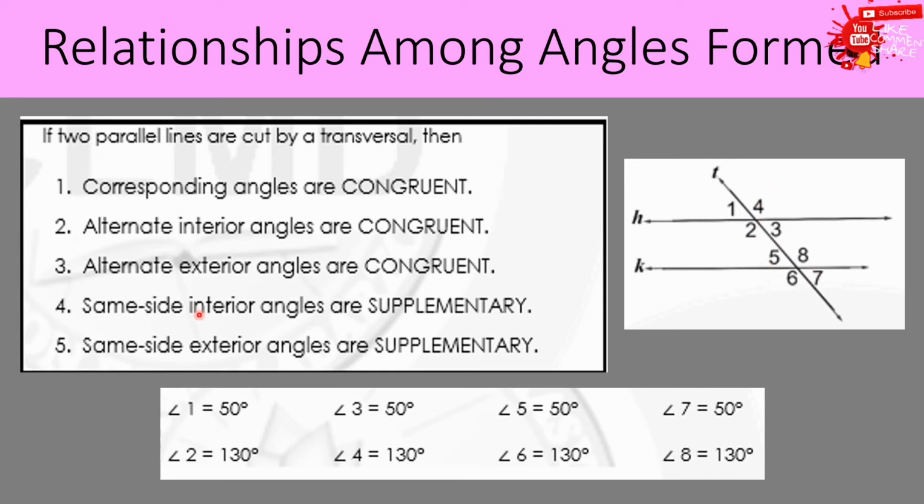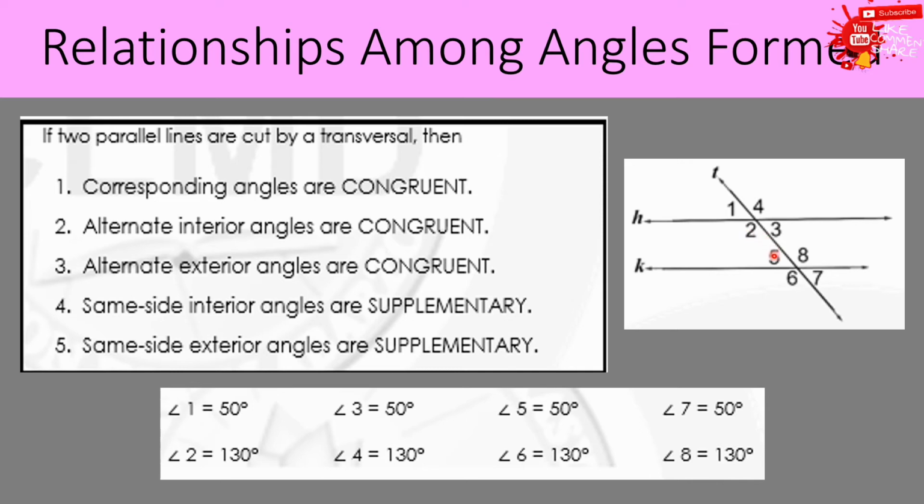Now for number 4, same side interior angles are supplementary. What do we mean by supplementary? These are pairs of angles that when you add the measurements, it is equal to 180 degrees. So if we have the same side interior angles, they are supplementary. What are those same side interior angles? We have here angle 2 and angle 5.